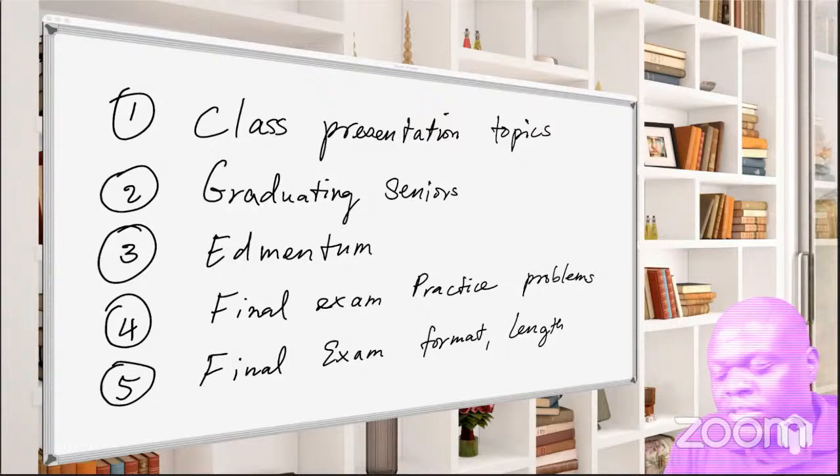Final exam practice problems. The final exam practice problems cumulatively are made up of the practice problems from modules 1 to 8, or essentially the practice problems for test number 1, test number 2, test number 3, test number 4.